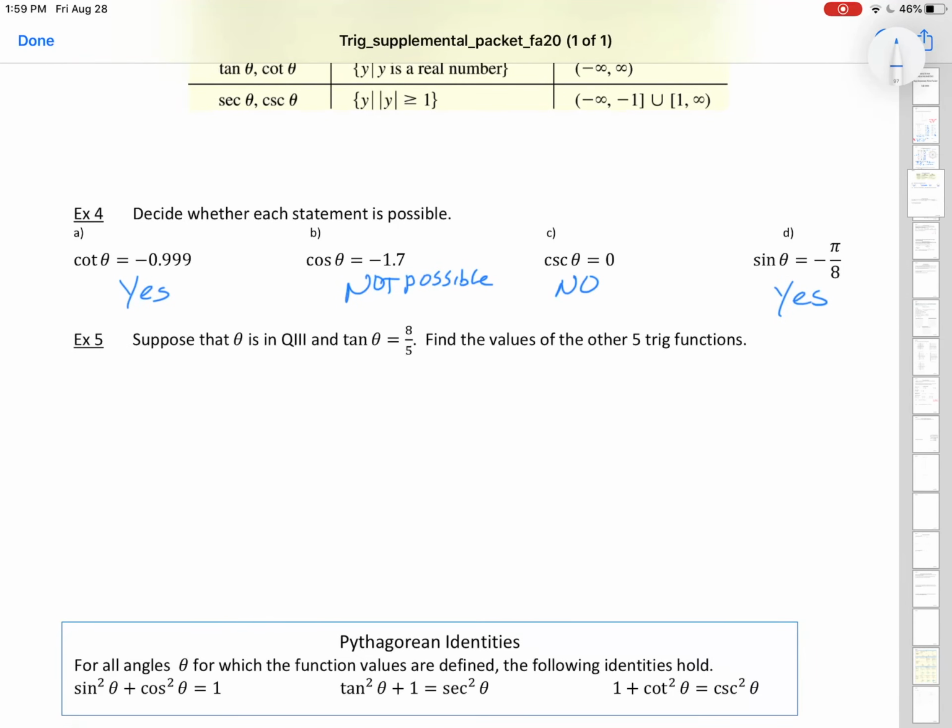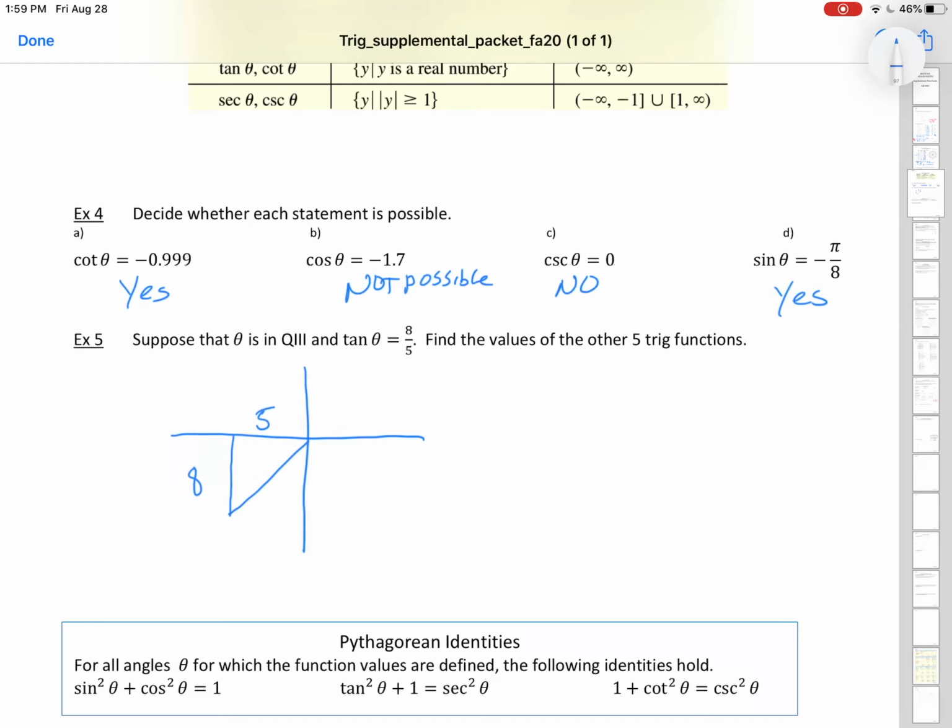This is a very common problem to have in a homework exercise set, and it's really, really nice. So suppose theta is in quadrant 3 and tangent theta is equal to 8/5. Find the values of the other 5 trig functions. This will usually make the cut for exams. In fact, almost always. I'd be shocked if it wasn't. We're definitely in quadrant 3, and what we know is our tangent, which is y over x, is 8/5, right?